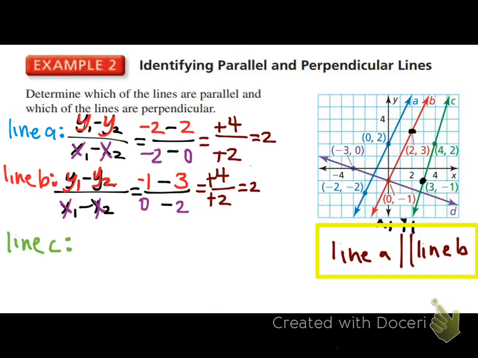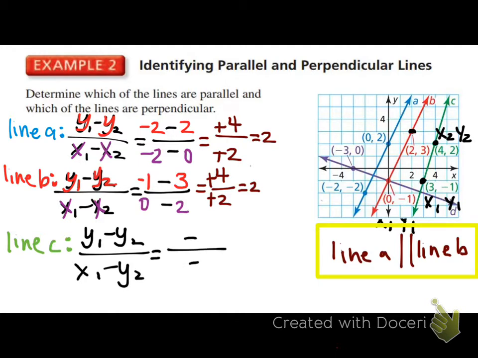So again, I'm going to do 3, -1 as my first x and y. y1 minus y2 over x1 minus x2. What's my first y? -1. And my second y? 2.